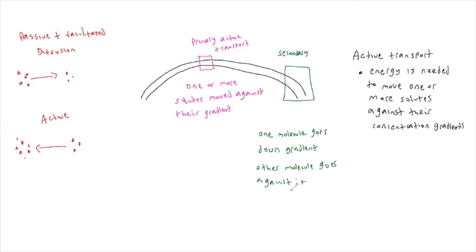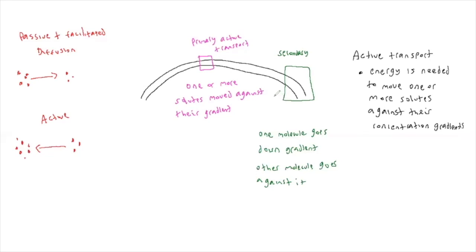So this is a way to do active transport, but with much more energy efficiency. One molecule is going to go down its gradient, but it's going to attract another molecule that's going against its gradient. So it's a way of doing active transport while using the kinetic energy of another molecule. And we'll be going over more examples of these as we go through the semester.